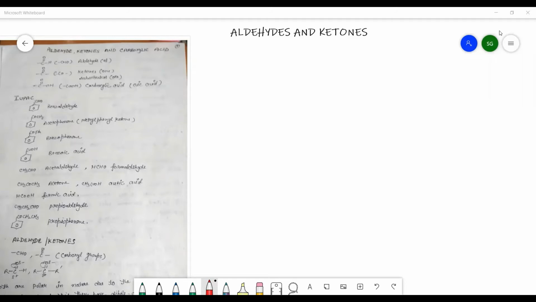Whenever we are starting the functional groups, you should know the structural features of each and every functional group. Aldehydes have a structural formula like this, that is CHO, in which the carbon is sp2 hybridized with the oxygen atom, and it will have the suffix -al in IUPAC nomenclature.